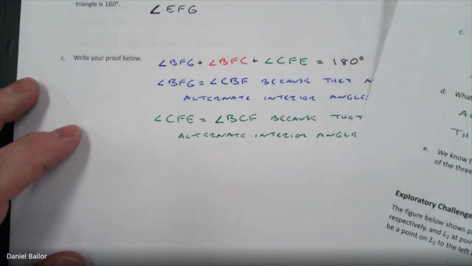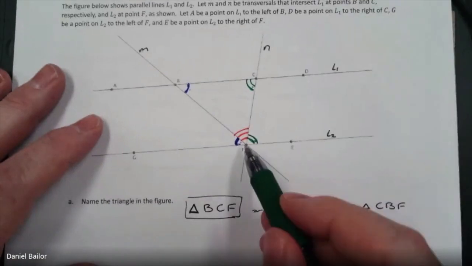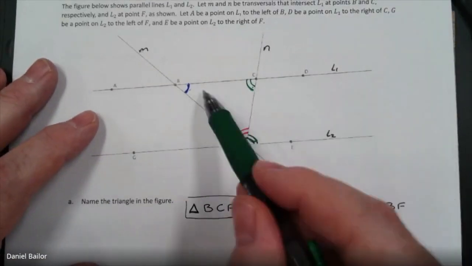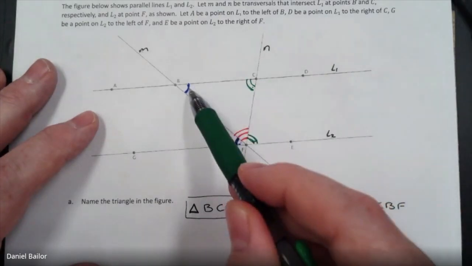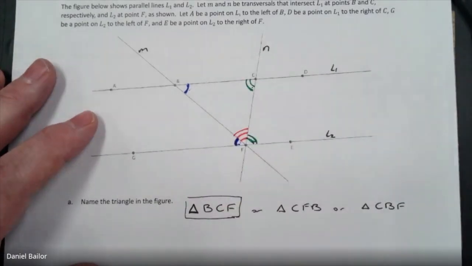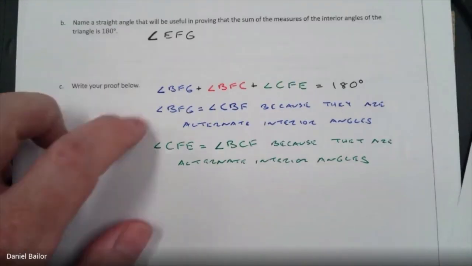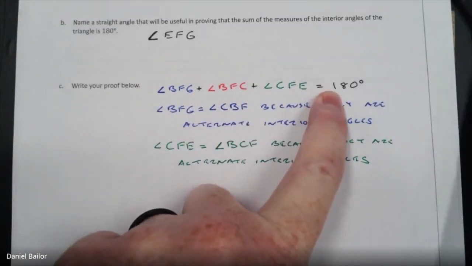So now, in my straight line, I have a blue, a red, and a green. And inside my triangle, I have a blue, a red, and a green. Which means my blue, red, and green in the straight line made 180 degrees.